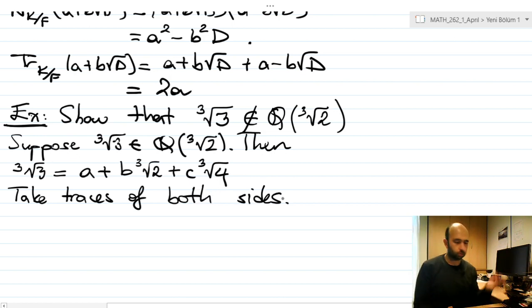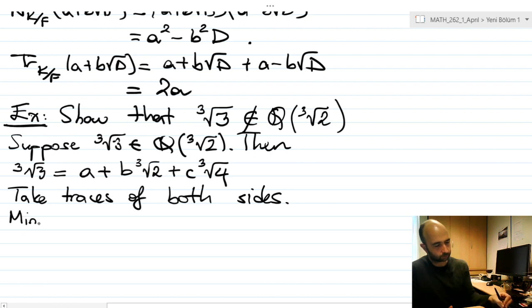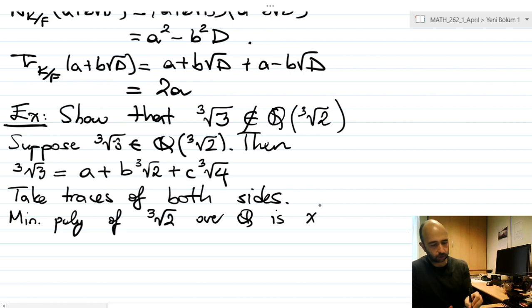So how do you know the traces? Here we use a connection to minimal polynomials. Now the minimal polynomial of cube root 2 over Q is, as we know well, x cubed minus 2, right?